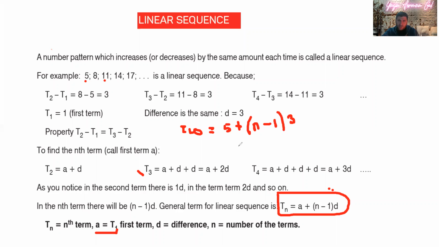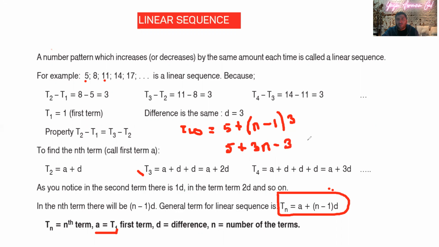N is the number of the term. So this is going to be 5 plus 3 times n, which is 3n, because this 3 is multiplication, minus 3.